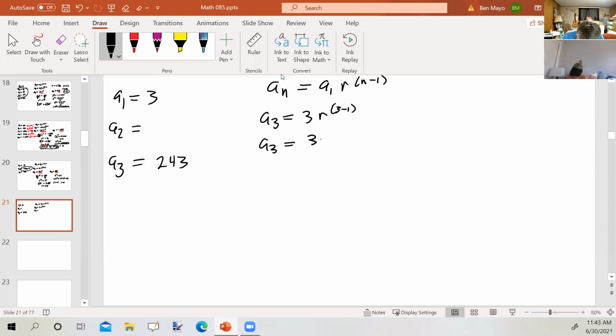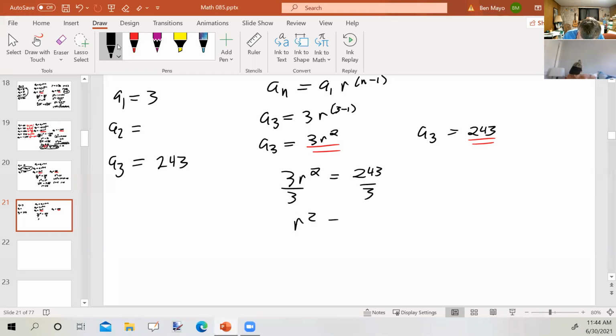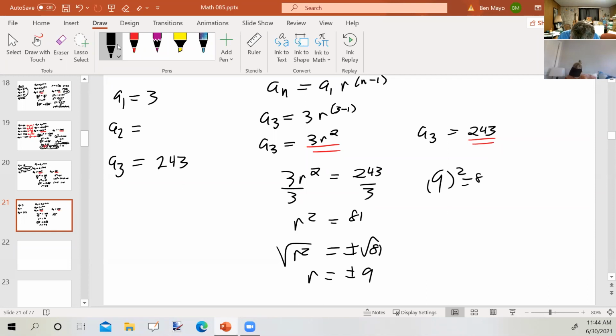A sub 3 is 3r squared, but a sub 3 is 243. So 3r squared equals 243. Divide both sides by 3, r squared equals 81. Take the square root of both sides. R equals plus or minus 9, right? 9 squared is 81, negative 9 squared is positive 81.